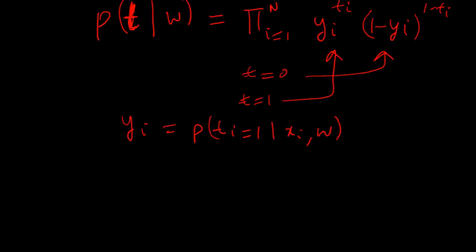Now if we take a log transformation of this expression, we get a summation over all training points. Why do we take the log transformation? The log is a monotonic transformation, so the convexity property will not change, but we get an easier term to work with, a summation as opposed to a product term.